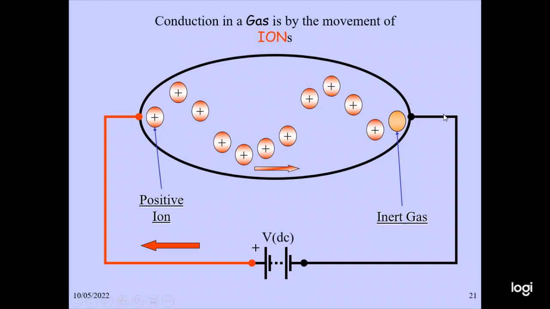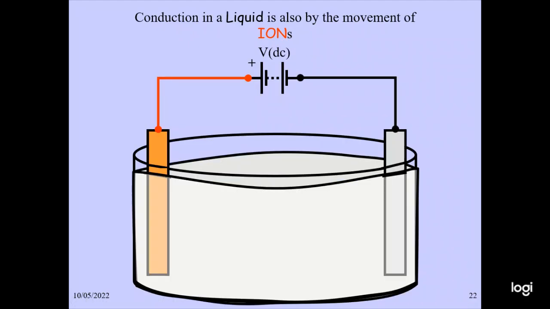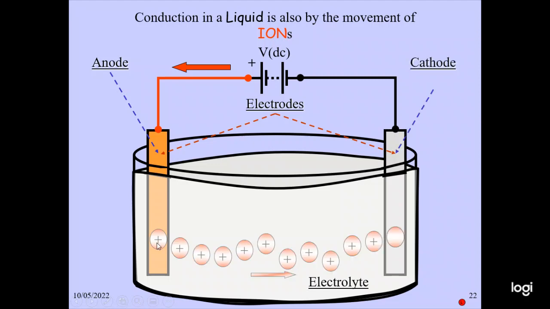So conduction in a gas is by the movement of ions. Conduction in a liquid is also by the movement of ions. You see the supply electrodes connected and the current flows, the red color is current flow. This is the anode, positive charge, and the positive ions pass through to the cathode.